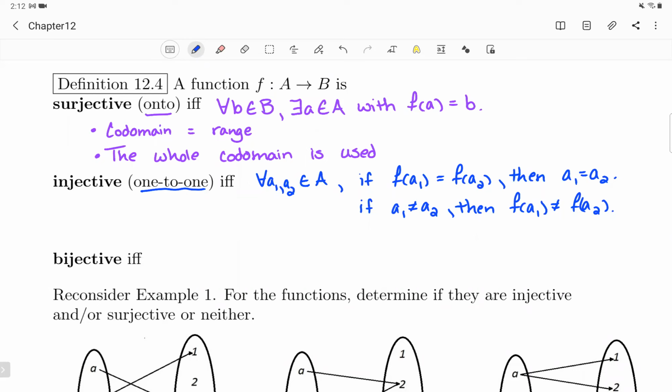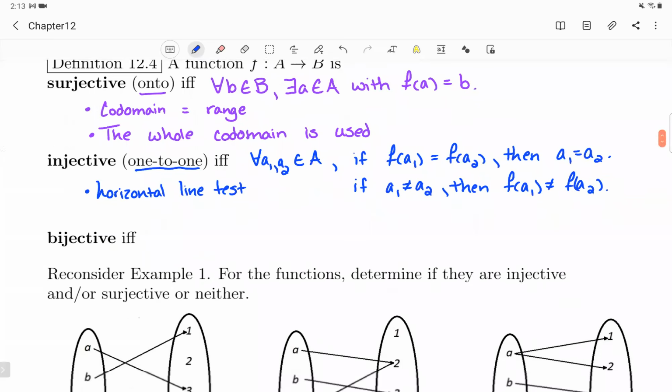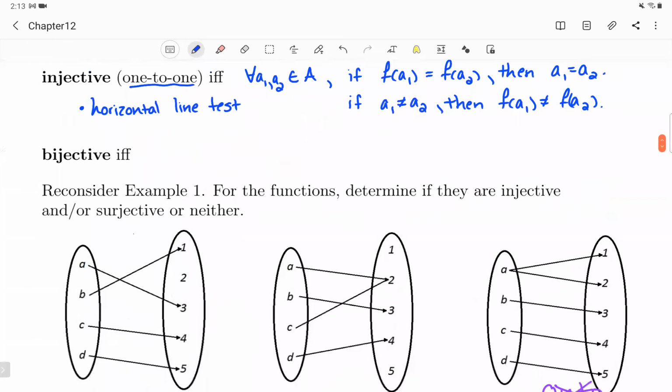In high school, your teachers may have called this the horizontal line test. Now, by the way, vertical line test, horizontal line test, not valid proof techniques, okay? But they give you an idea of what's going on. All right. So let's take a look at these again.